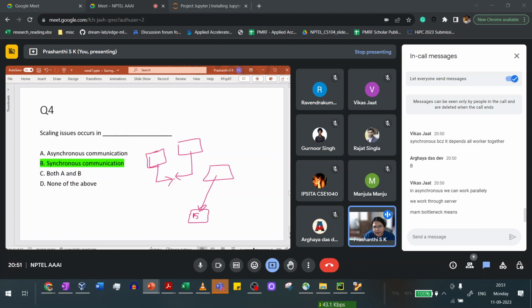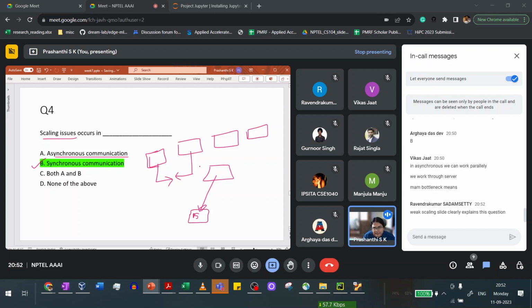Whereas here you have this wait and exchange thing, and as you increase the number of GPUs, which is what scaling refers to, you can't scale very well, as in you can't get good performance, because of this exchanging of gradients. This causes all of them to wait for each other, and till this communication step finishes, they can't proceed. So that's why in synchronous you have a scaling issue, whereas asynchronous scales reasonably well because each worker can kind of go ahead.